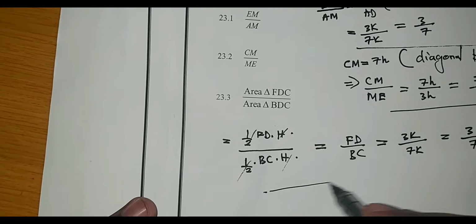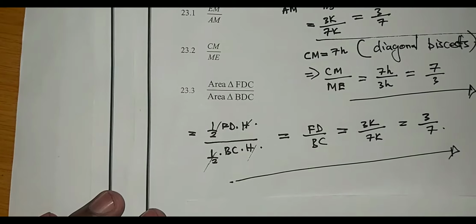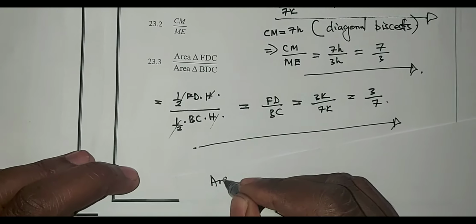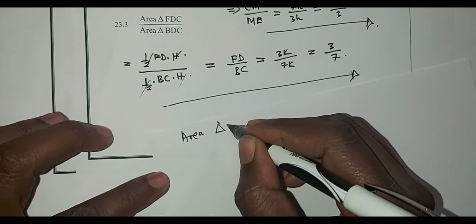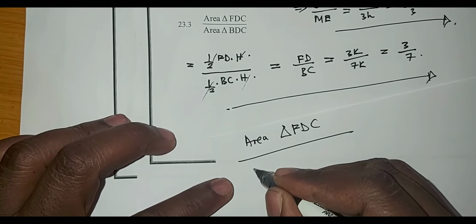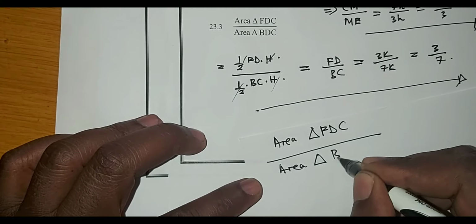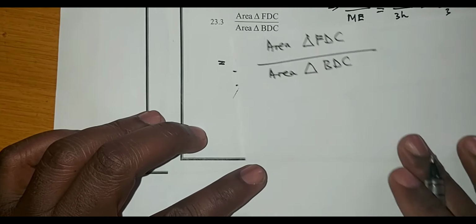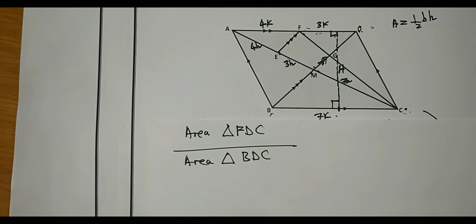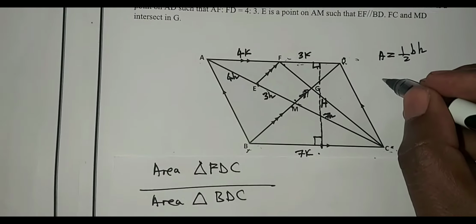I also want us to do another method. Remember here we want to find the area of triangle FDC over area of triangle BDC. That's what we are looking for. Let me take my work much closer there, and also the diagram. I want us to use the other formula for the area of a triangle.